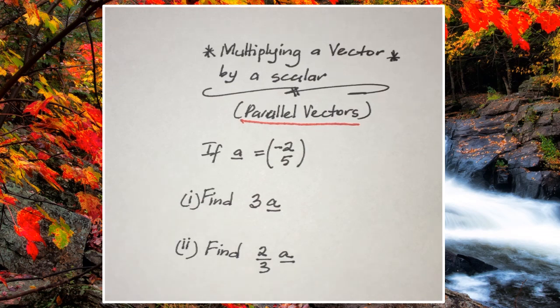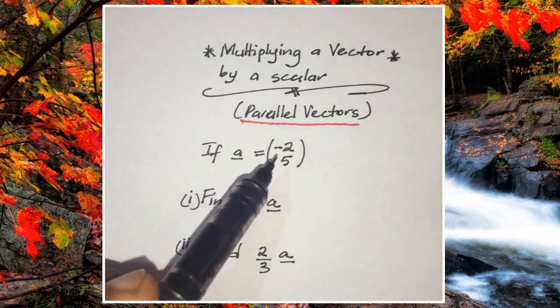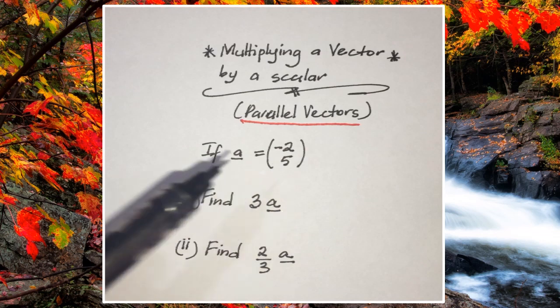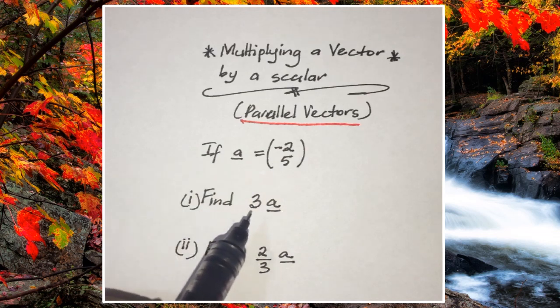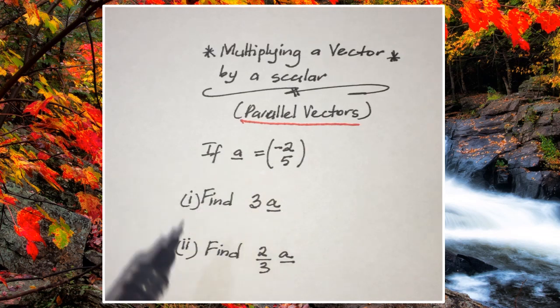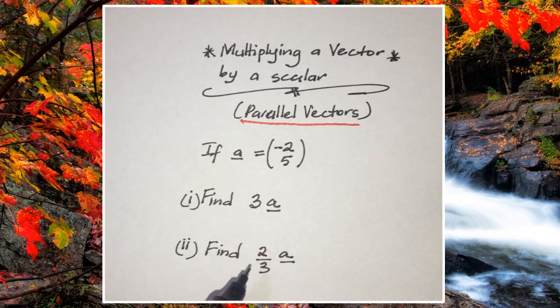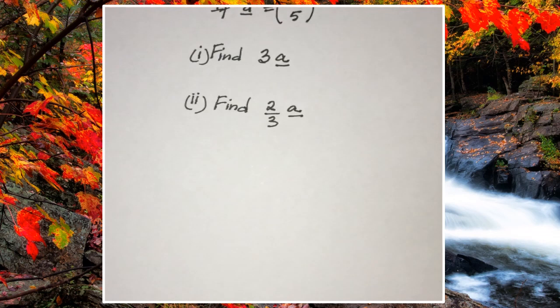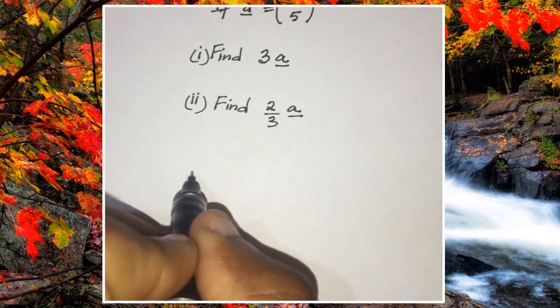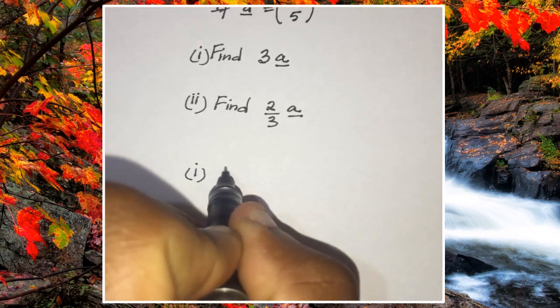Good. So it says if a, the vector a, is negative 2, 5, we need to first find 3a, and then we need to find 2/3 of a. So let's work it out. The answer for part I, we need to find 3a.